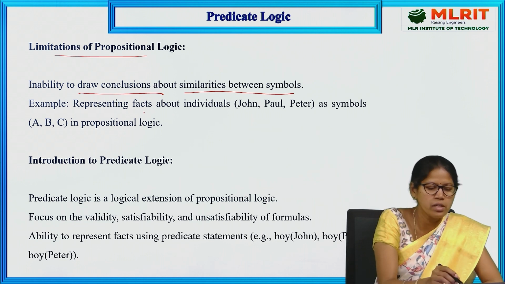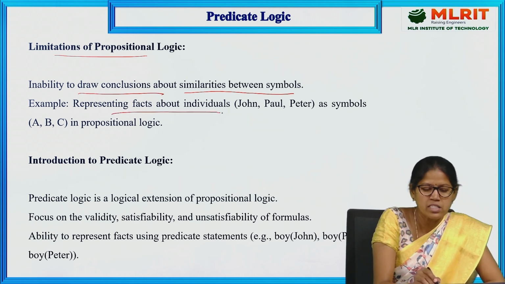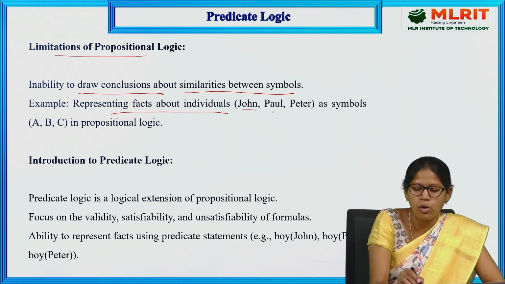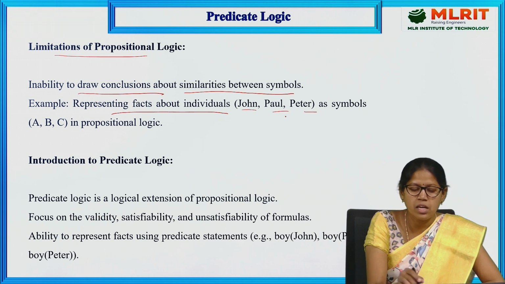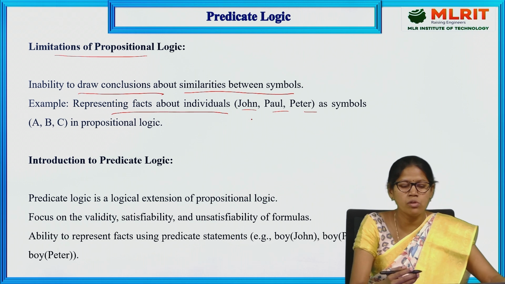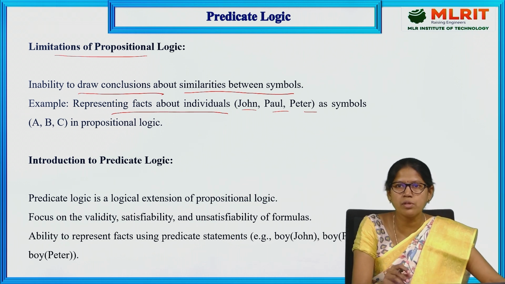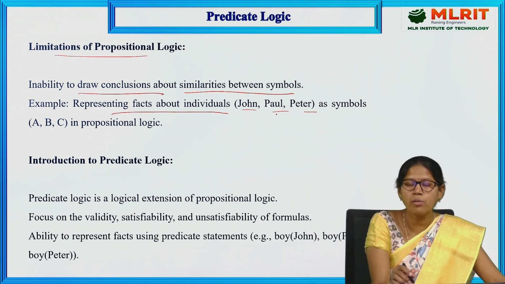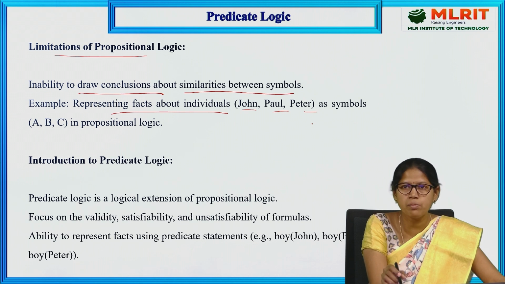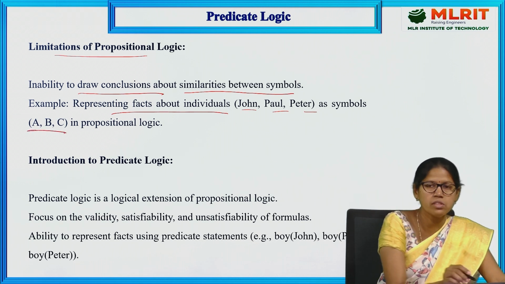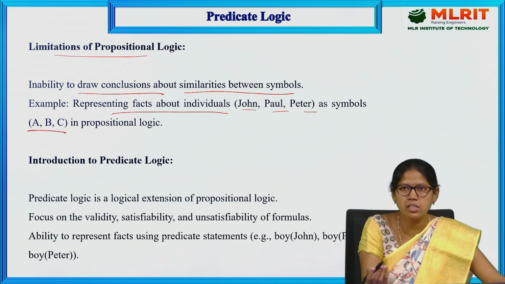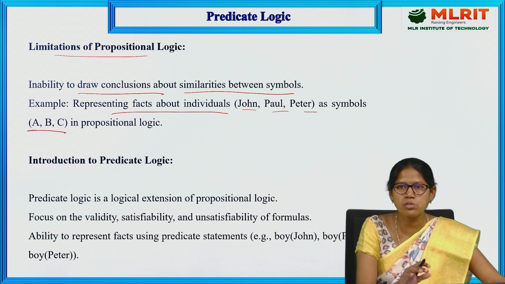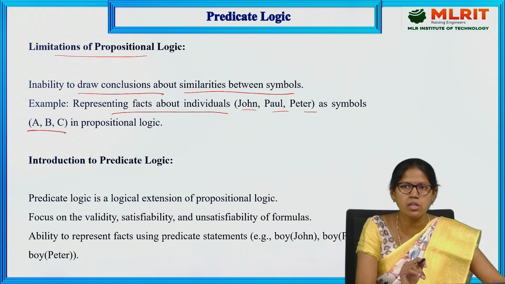For example, representing facts about individuals John, Paul, Peter: these three are boys, but we don't have any symbols to represent John is a boy, Paul is a boy, and Peter is a boy. We have to represent them with A, B, C only. There are also no such symbols to represent relationships in propositional logic.